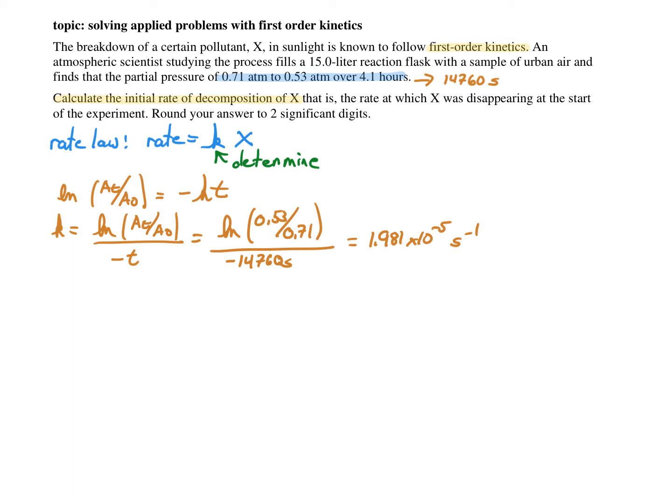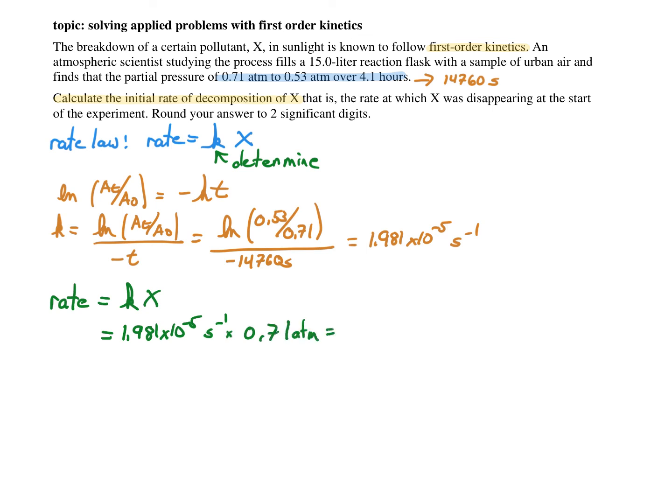Now that I have k, I can plug that into our initial rate law and get the initial rate of reaction, at the start of this reaction. Okay, so that's rate is equal to k, 1.981 times 10 to the minus fifth second to the minus 1, and our initial amount was 0.71.